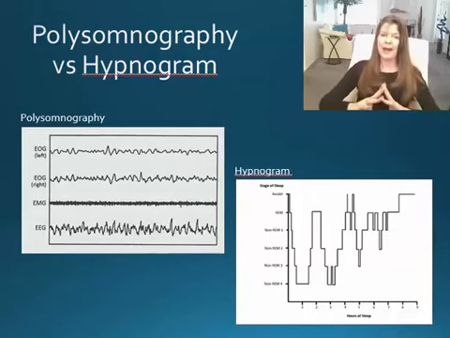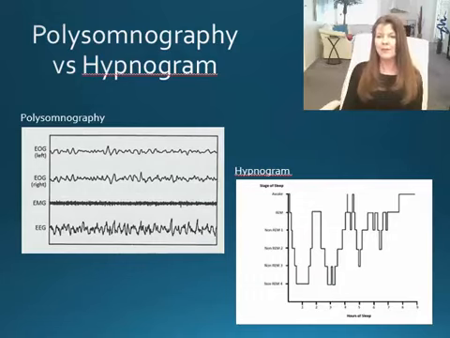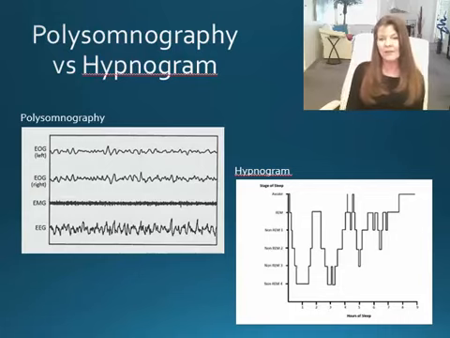Now, a hypnogram is different from a polysomnography. It shows the amount of time a sleeper spends in each stage of sleep during the sleep period and the sequencing of those stages. A typical hypnogram for a healthy adult and for an entire full sleep night looks something like this one on the right.